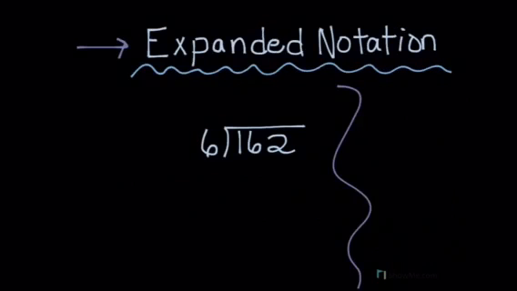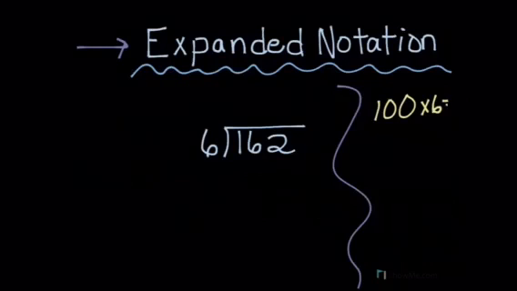Okay, now we're going to take a look at expanded notation. So we have 162 divided by 6. First, I'm going to look at my hundreds place value. Okay, so if I do 100 groups of 6, I'd get 600.